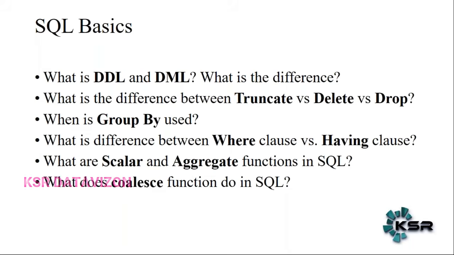You can just write where location equal to India, where state equal to Andhra, where state equal to Karnataka. You can start writing the filters, but it should be on the existing column. Now coming to the having clause, it also filters the data, but it will not be on the existing column. It will be on the aggregated column that you have implemented.